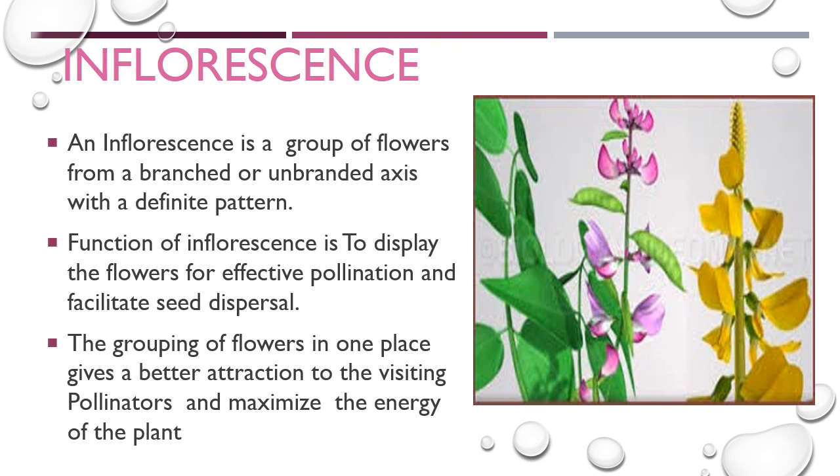Can you understand? Then the grouping of flowers in one place gives better attraction to the visiting pollinators and maximizes the energy of the plant. So flower color and arrangement of the flower are only for attraction of pollinators and effective pollination. This is the function of inflorescence.